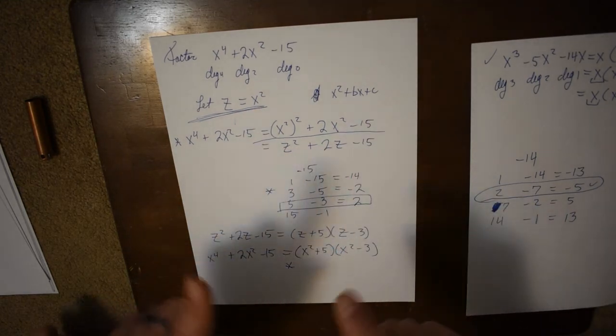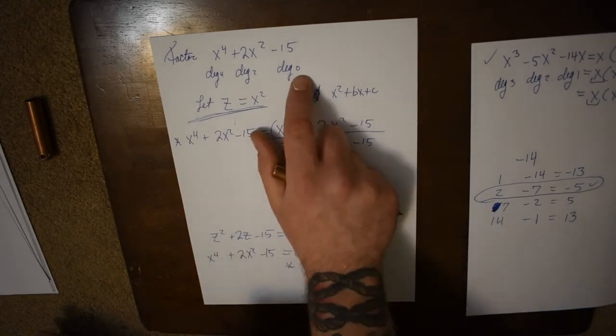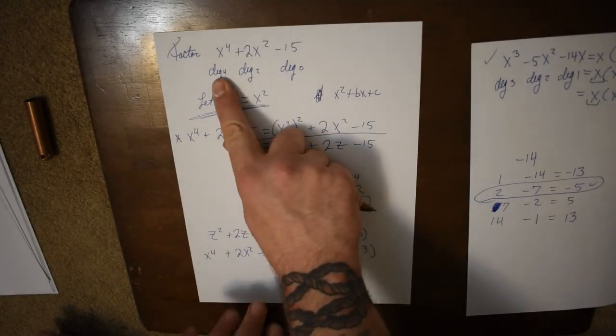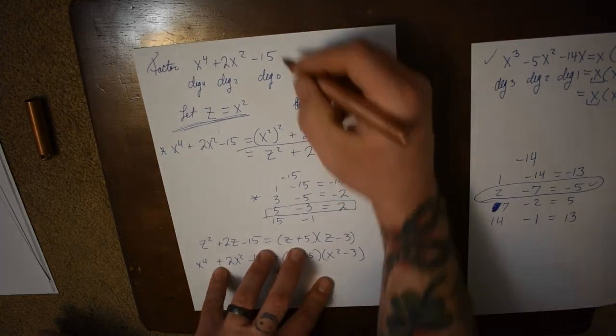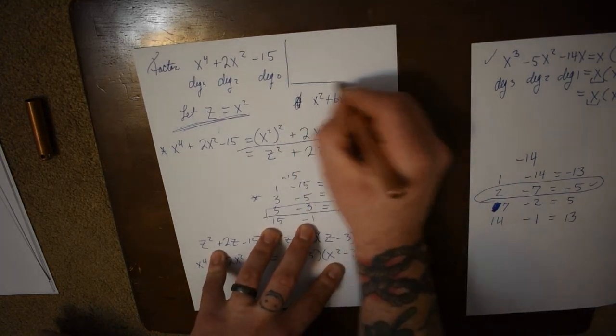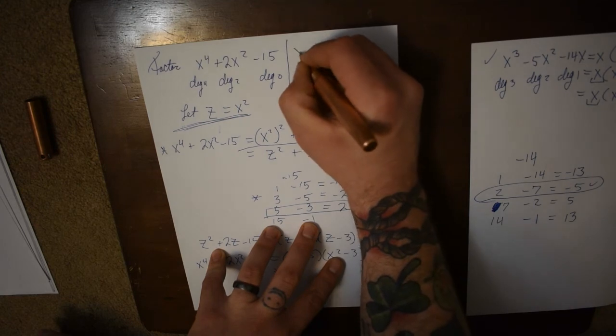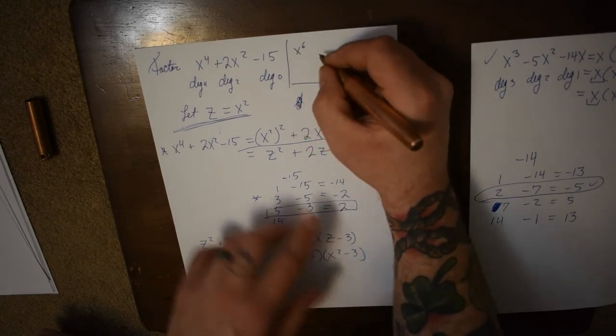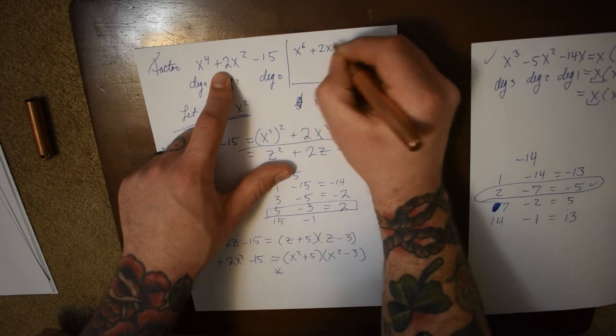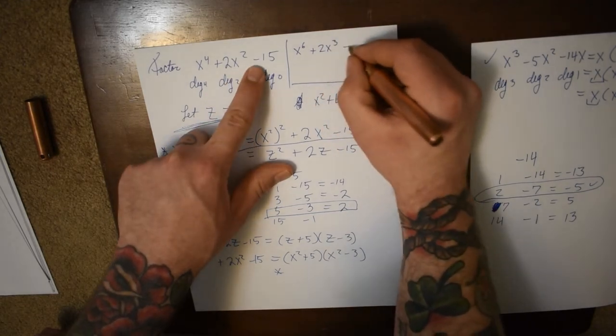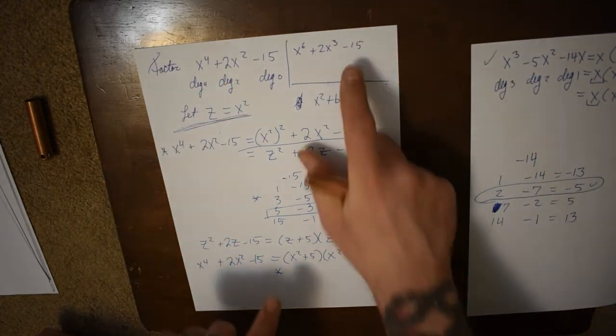But the thing to notice is that it was degree 0, degree 2, degree 4. You would also solve problems like x to the 6th plus 2x cubed minus 15. This problem would be done the same way.